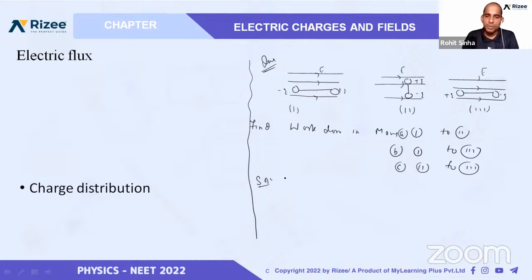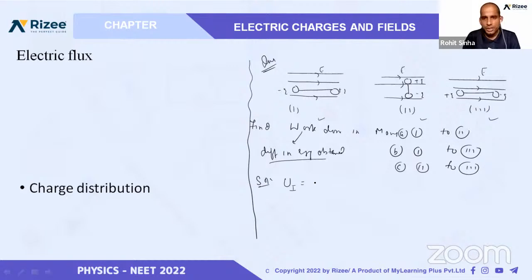Okay, nobody. Now, for the first figure, let me calculate the dipole potential energy. What we know is that work done will be equal to the difference in potential energy. So we will find the potential energy for the first, second, and third figures.